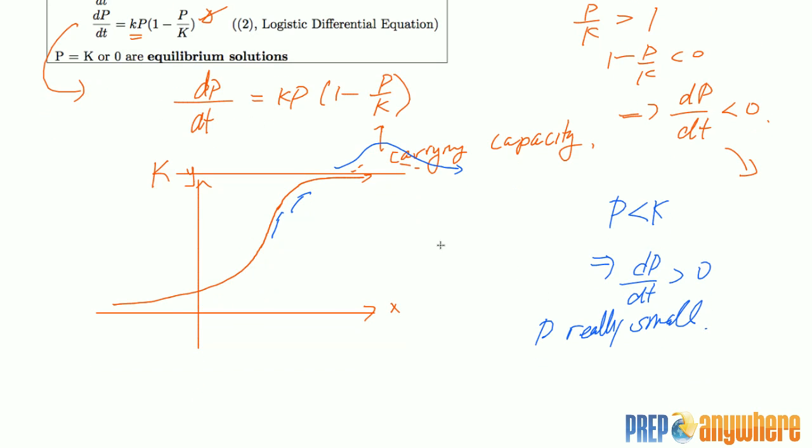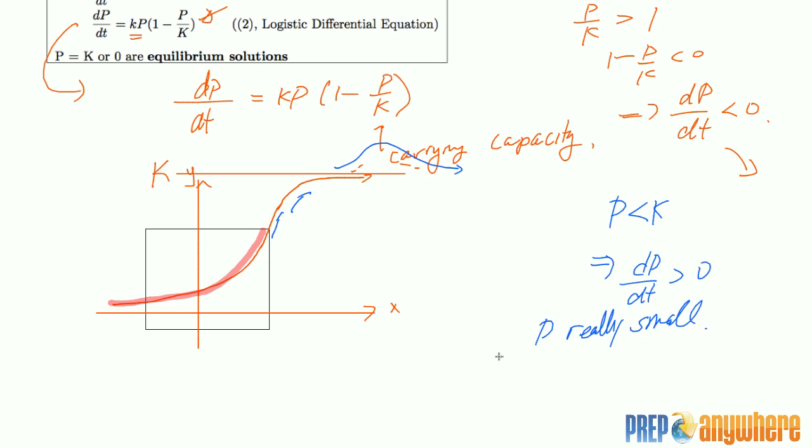If the carrying capacity is like 2 million, really small will be maybe 1,000. So we're referring to this part of the graph here, which looks like a normal exponential function. After that, it starts to behave oddly and starts plateauing out and doesn't look like an exponential function.